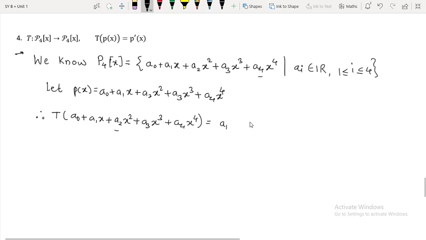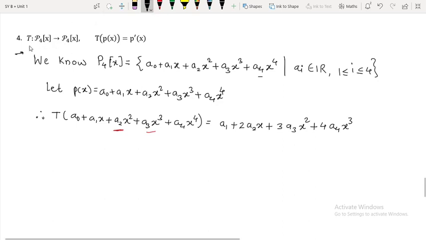The first term will be a1 plus twice a2x, plus thrice a3x square, and plus 4a4x cube.